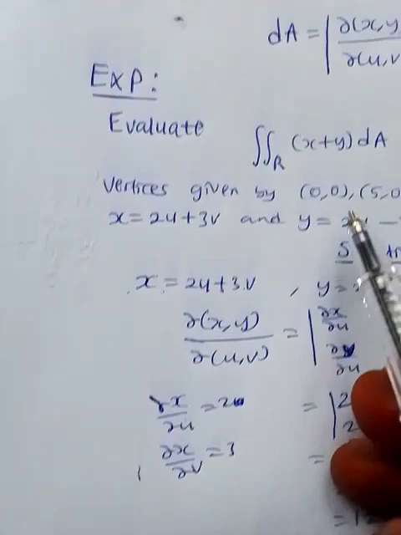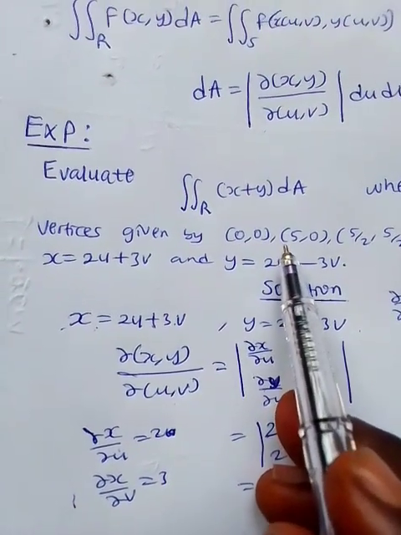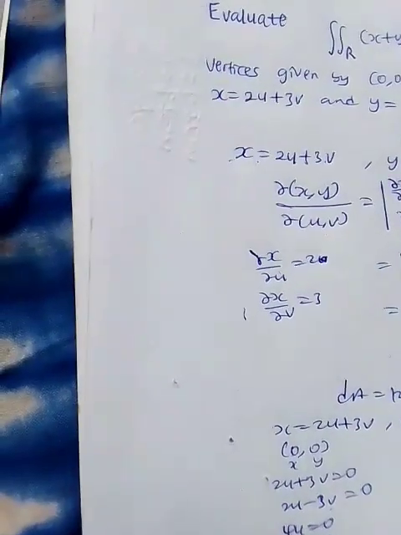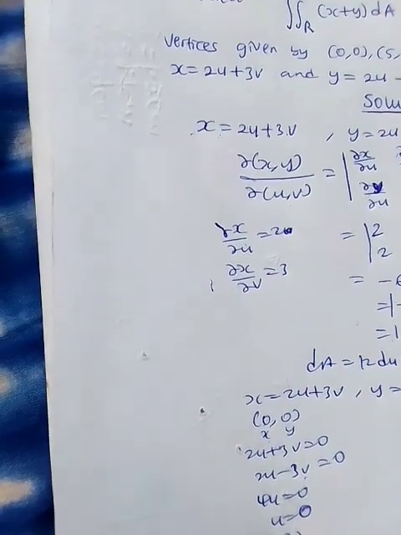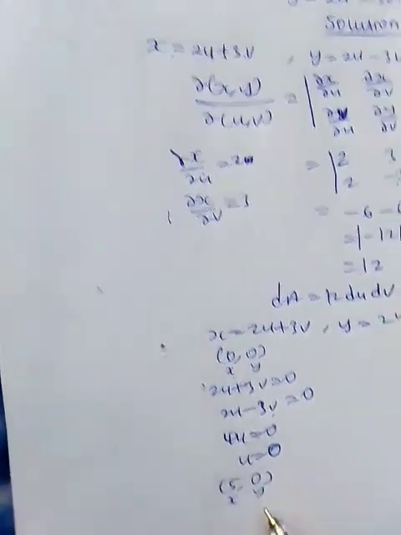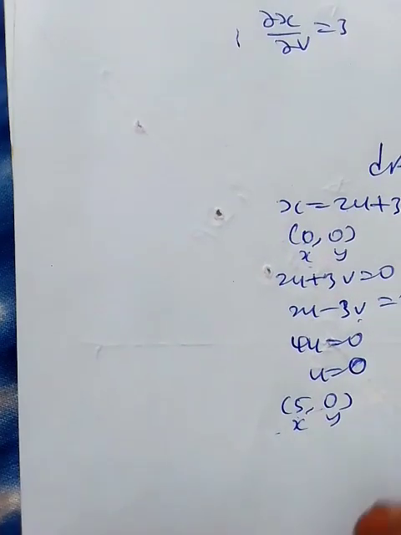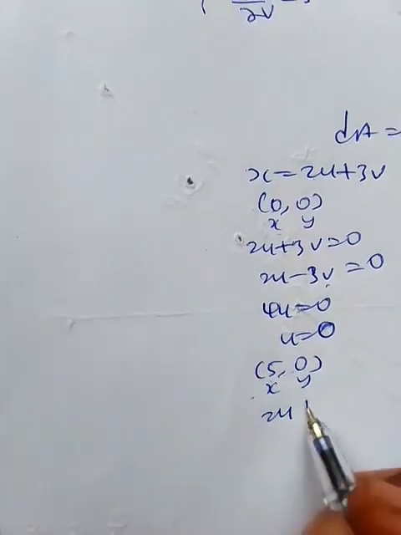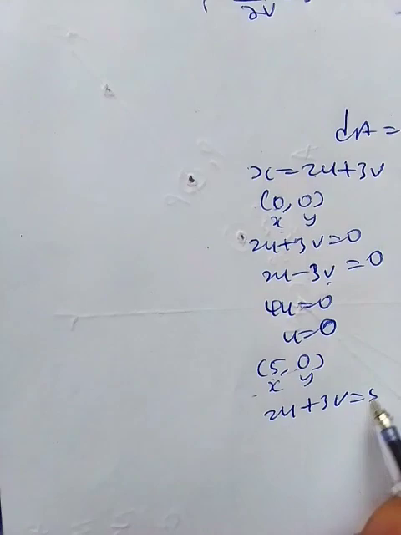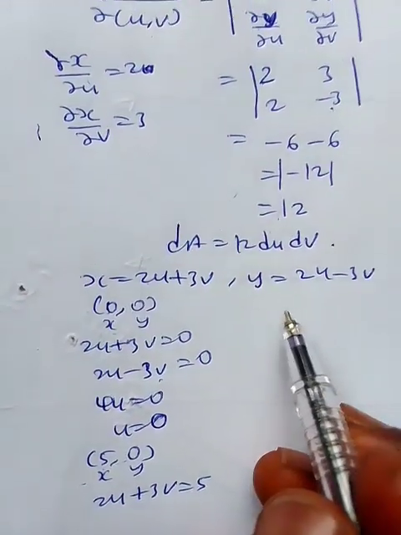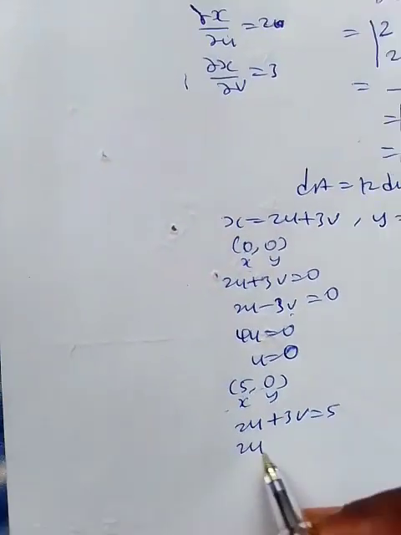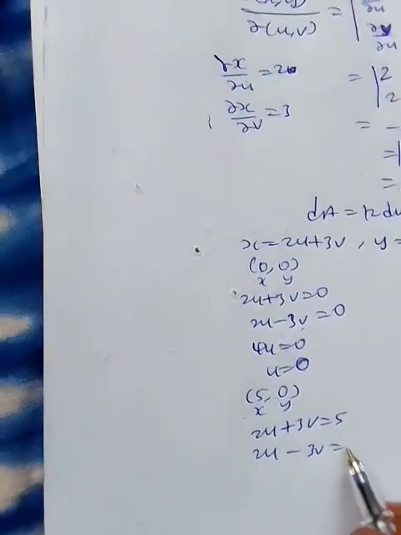Taking another vertex, which is (5, 0). When x is 5, we have 2u plus 3v equals 5. And when y is 0, we have 2u minus 3v equals 0.